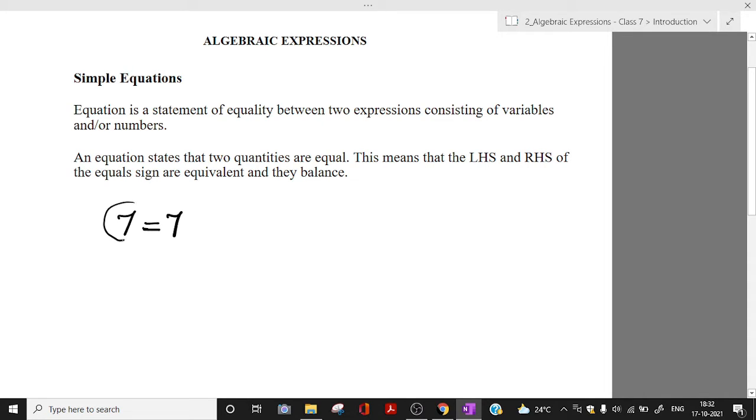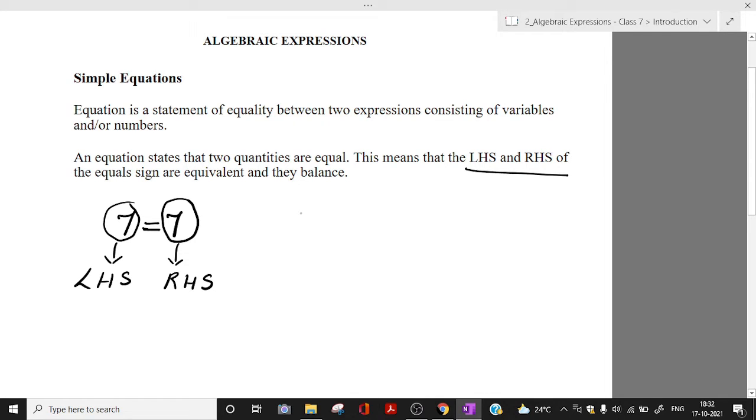You have 7 as one number and 7 as another number. Now this is the left hand side of the equation and this is the right hand side of the equation, right? And this means that the left hand side and the right hand side of the equal sign are equivalent. So 7 is equal to 7.